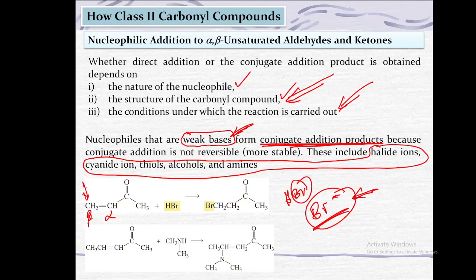So the attack is going to go there, and that's why we see this product here. Another example is an amine. This one here is a secondary amine. Again, if you look at the alpha, beta position, this is the beta position. So you notice that the nitrogen attacks at the beta position. So we have that product there.